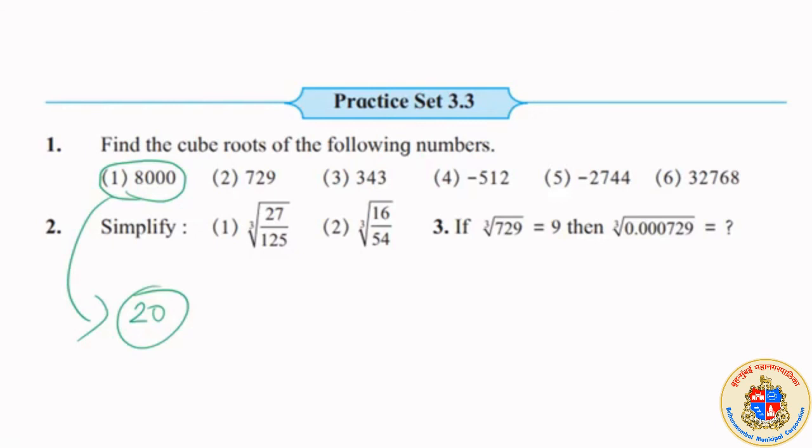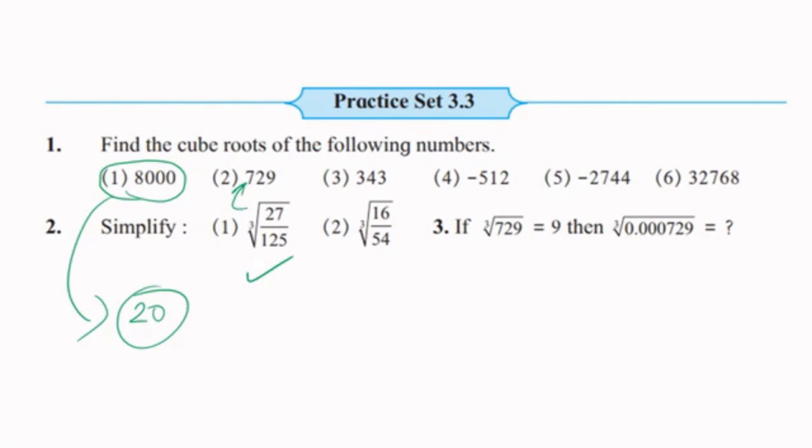You can do anything, but reach to prime and then make set of 3. It should be at last set of 3, same numbers multiplied. Here, simplify. Simplify in the sense that you can get the answer like this.